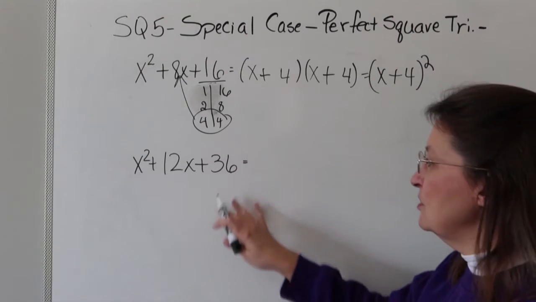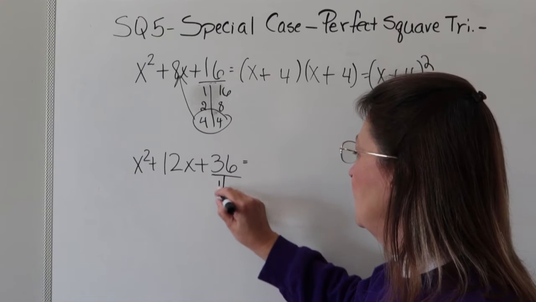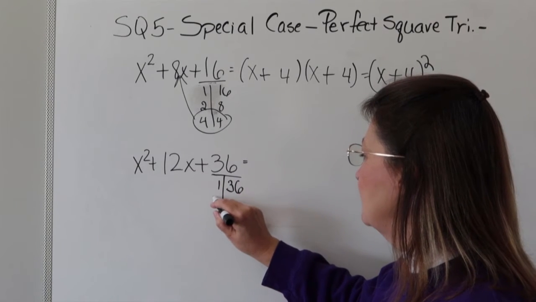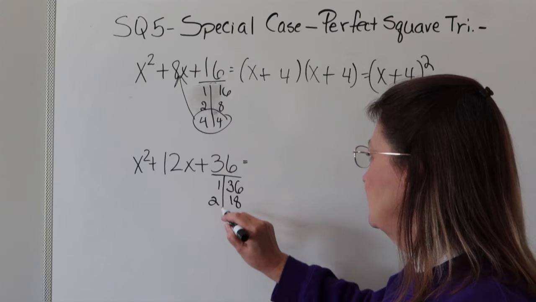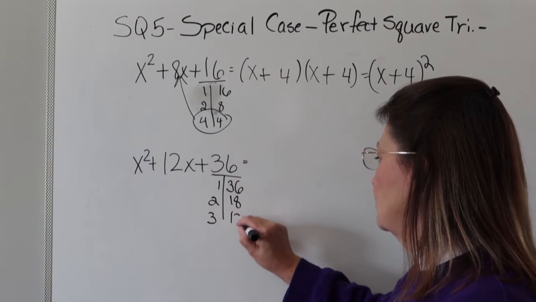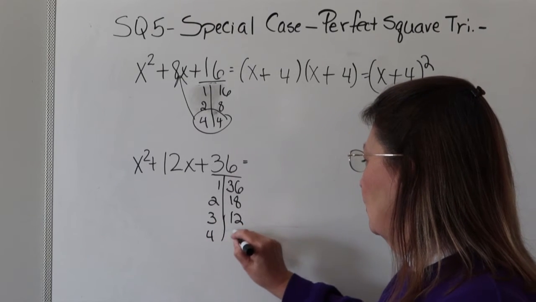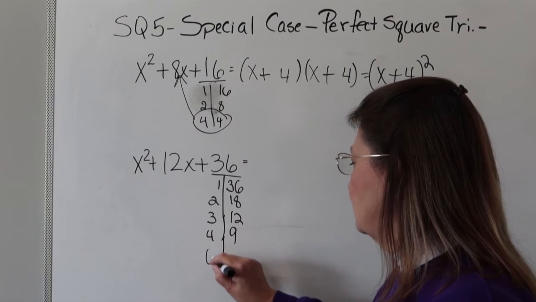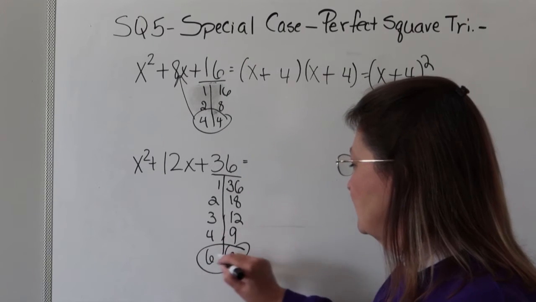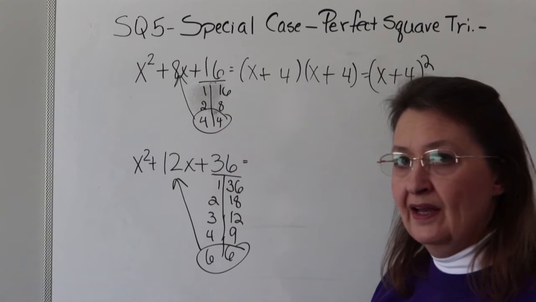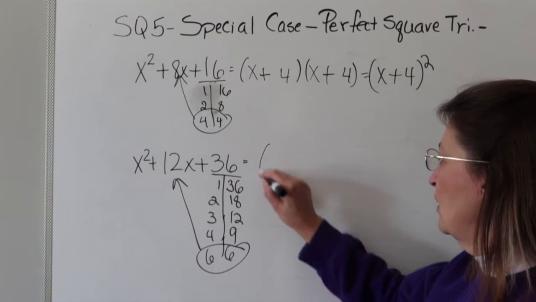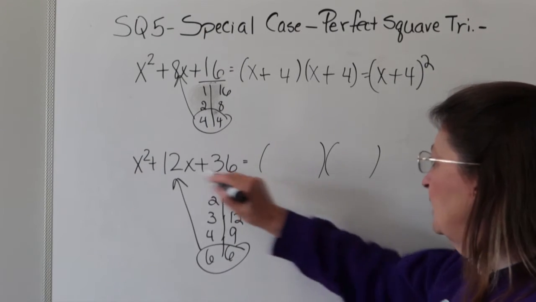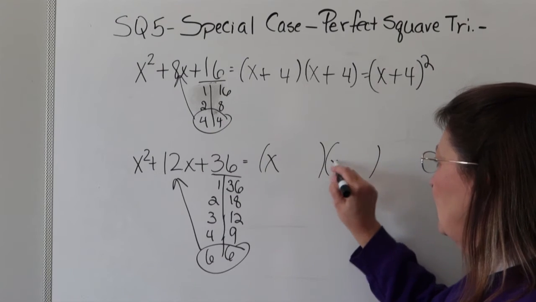Alright. Now let's just look at this one. Same thing's going to happen here. When I multiply to 36: 1 times 36, 2 times 18, 3 times 12, 4 times 9, 5 won't go, 6 times 6. 6 and 6 is going to be the pair that adds up to give me that middle term. So when I write my binomials, I'm going to have x and x.